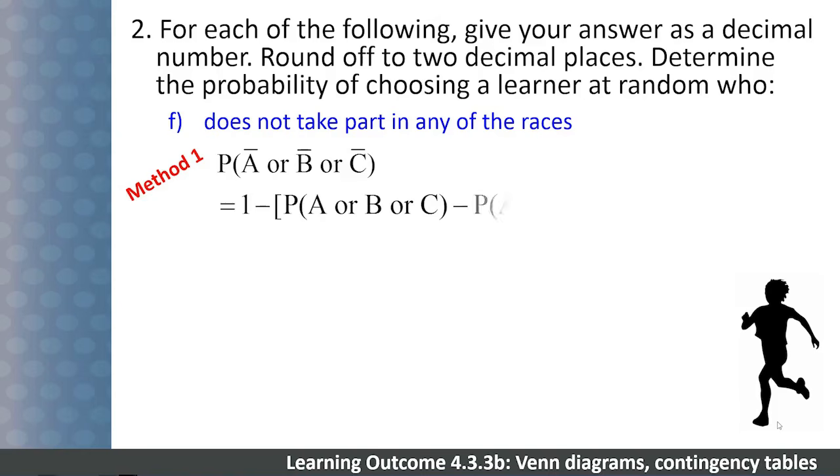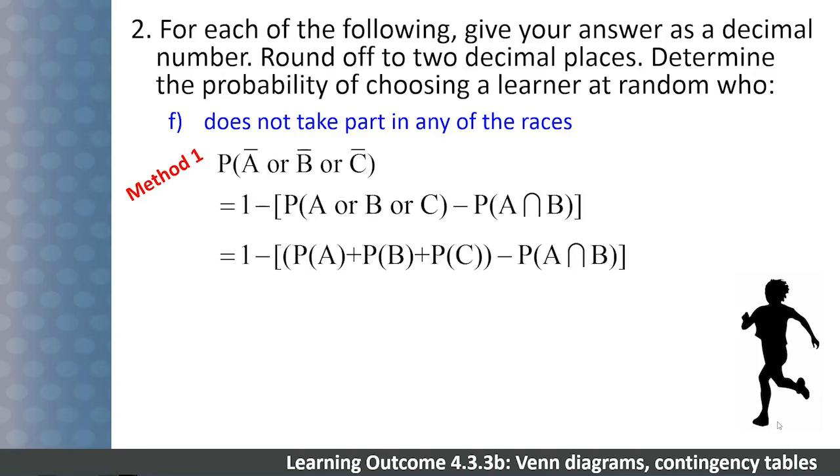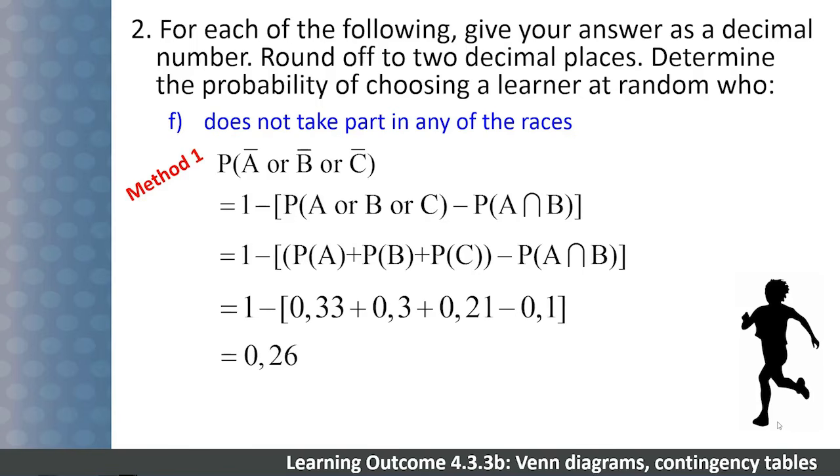So, we subtract from 1 the probability of getting A, B, or C minus the probability of A intersection B. This gives us 1 minus the probability of A plus the probability of B plus the probability of C minus the probability of A intersection B. This gives 1 minus 0.33 plus 0.3 plus 0.21 minus 0.1, which is 0.26.